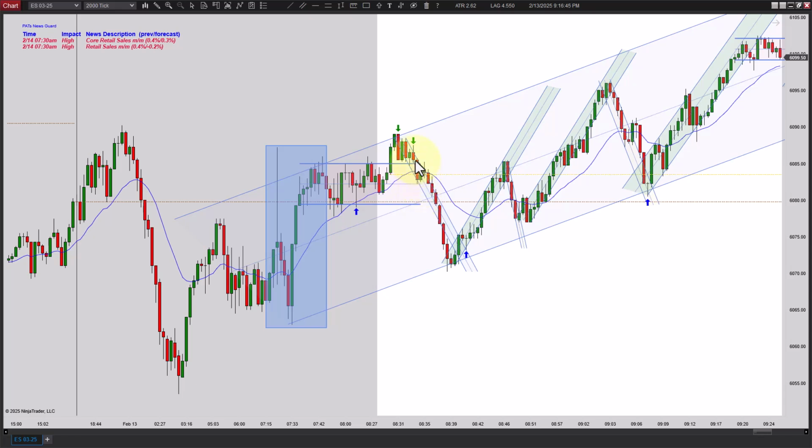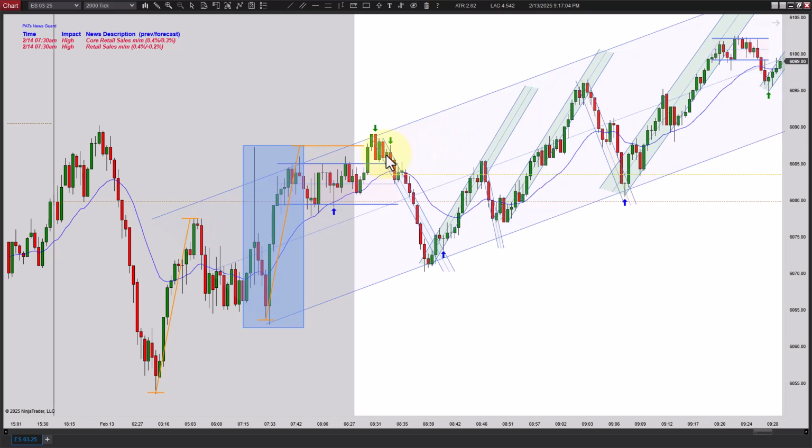So I like that short because you've got more than 2 measured legs up here at this point. And you can see that. So I like going short there. But it's still looking a little sideways, a little congested. You don't have a whole lot of room back to the EMA here.